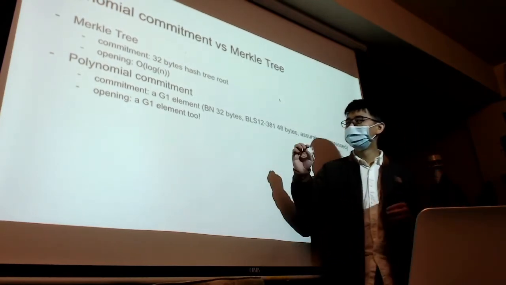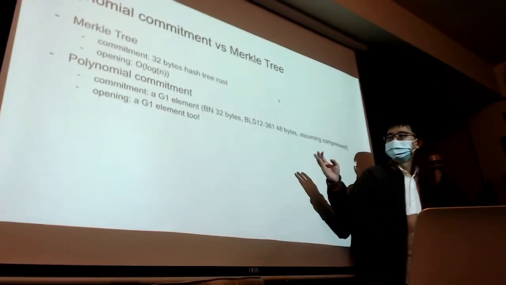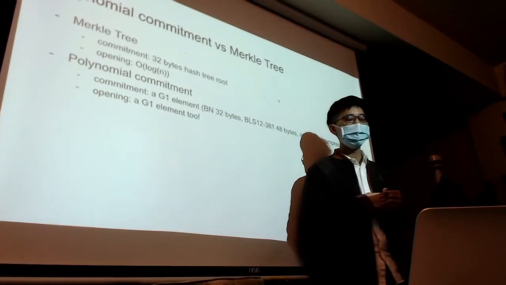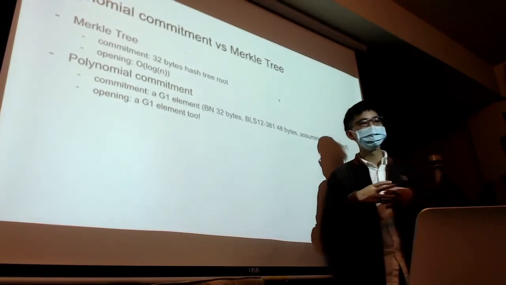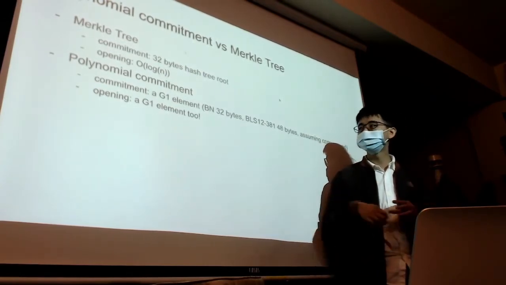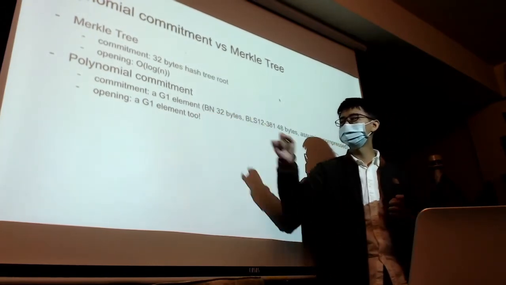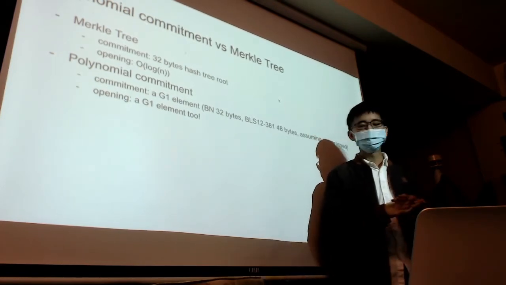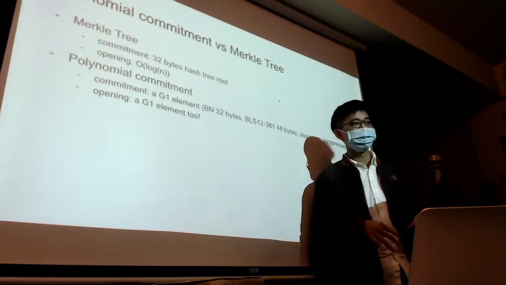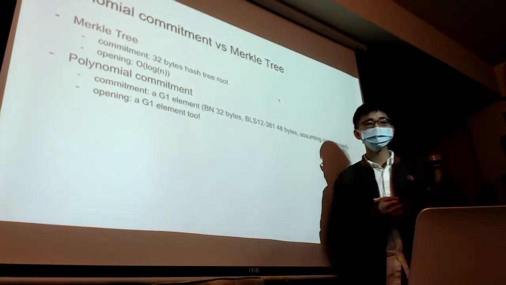So the commitment size is similar, but when opening, if you want to prove that some value belongs to a polynomial, it takes only one G1 element, no matter how many numbers that polynomial represents.